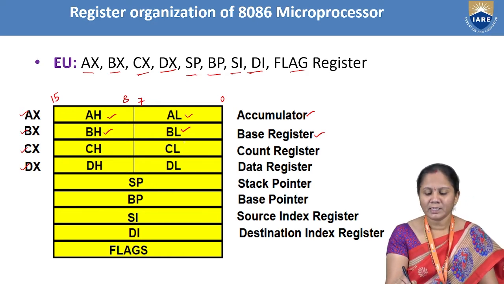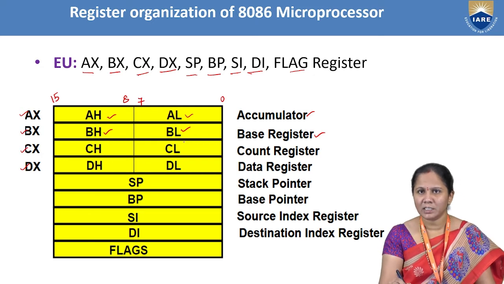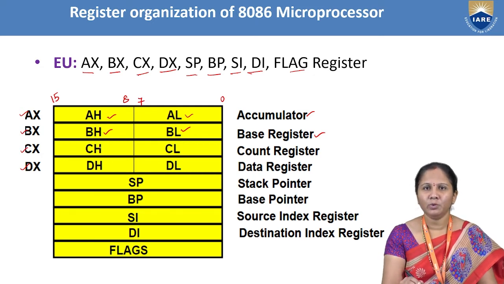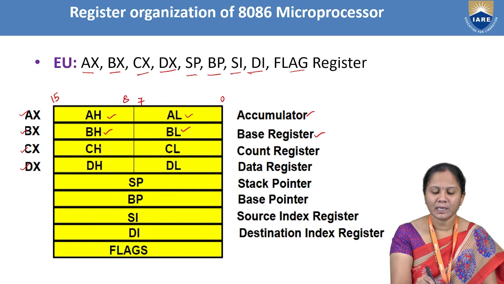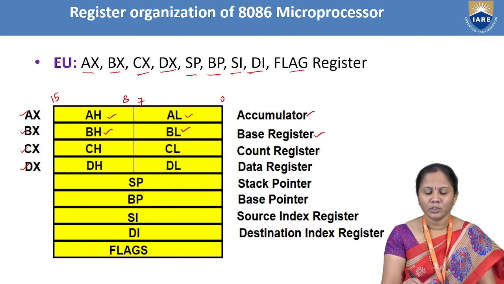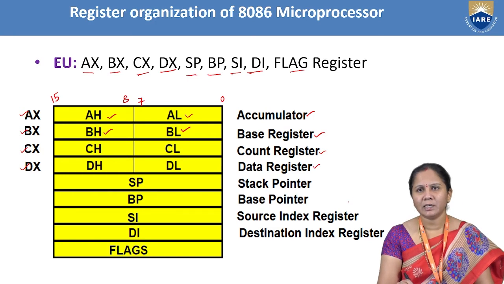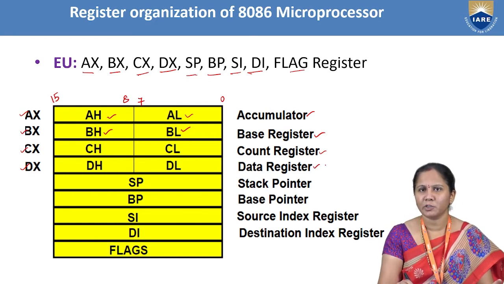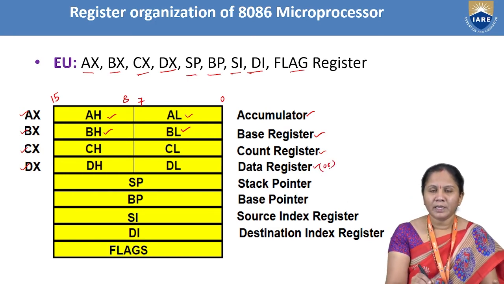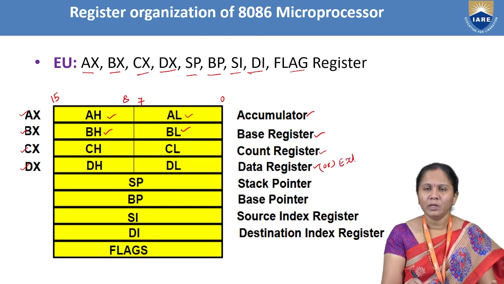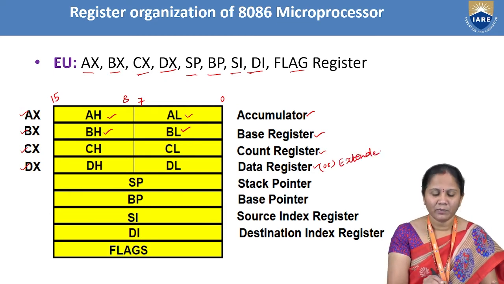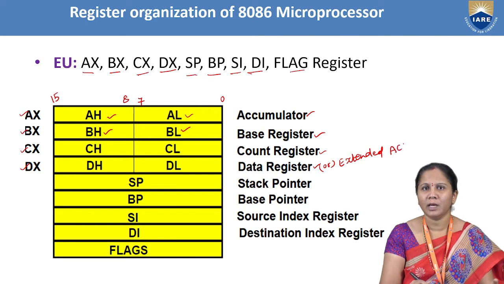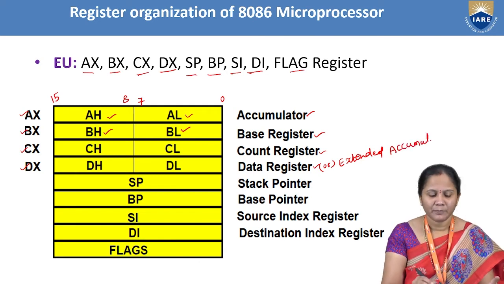Similarly, BX base register, 16-bit register, it is divided into 2 8-bit registers as BL and BH. So here this base register can be used to store the offset address also. BL is used to store the lower order 8 bits, whereas BH is used to store the higher order 8 bits.